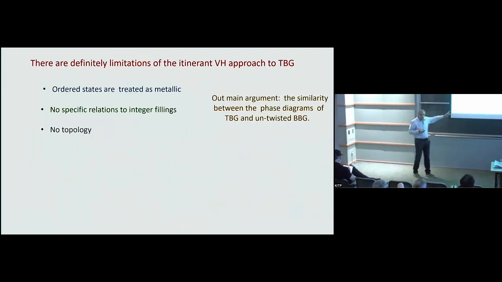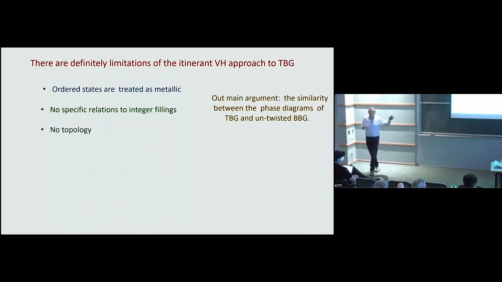And the very last slide. Of course, when we apply this to BBG, Bernal bilayer graphene, we're more or less on safe ground. The systems are metals. And there are no experiments that will show real topological properties of this. When we apply the results to twisted bilayer graphene, of course, we cannot come to the most interesting regions of integer fillings, and this is a metal.